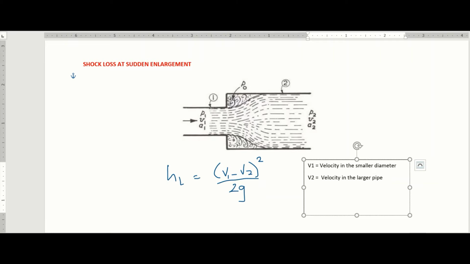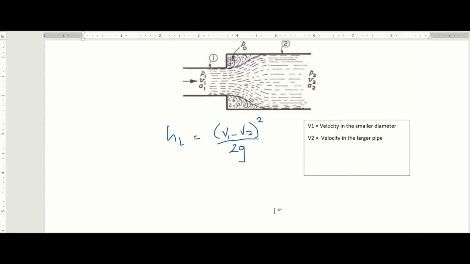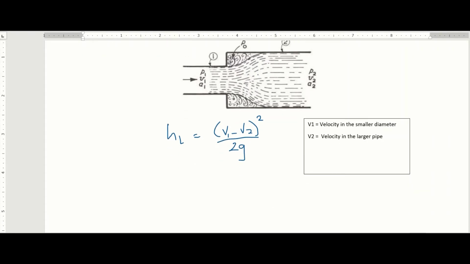Now we can also put this equation into the Bernoulli equation to find the difference in pressure.